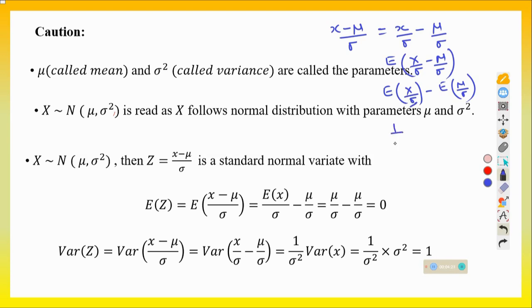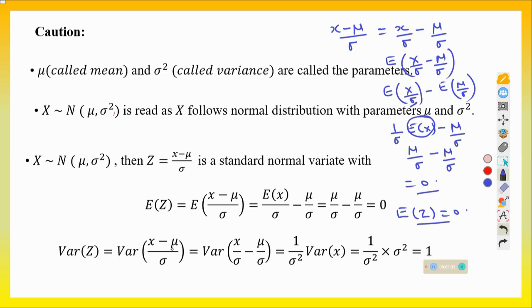So you will have 1 over sigma times the expectation of x, which is mu, since mu and sigma are not variables. So we remain with mu over standard deviation minus the same mu over sigma, which gives you 0, meaning that E of z is 0.